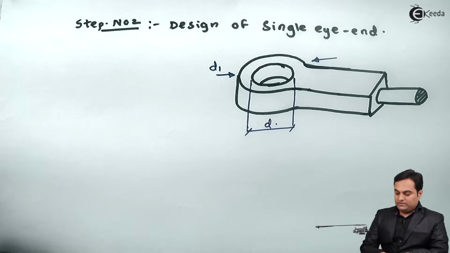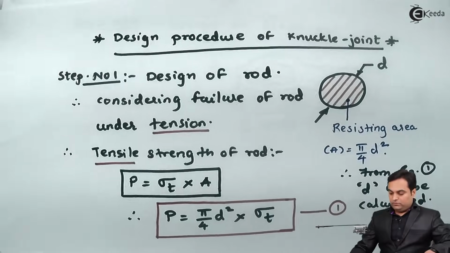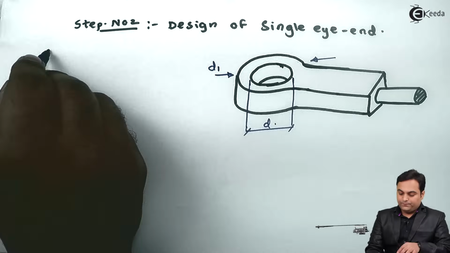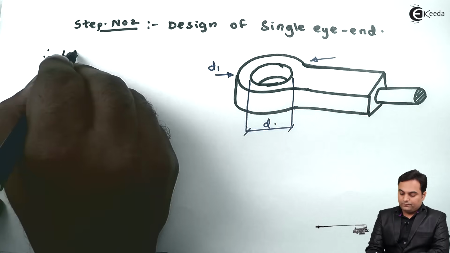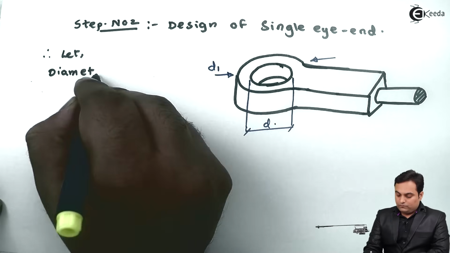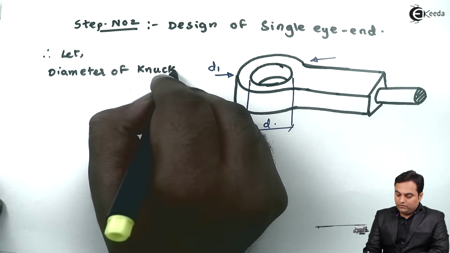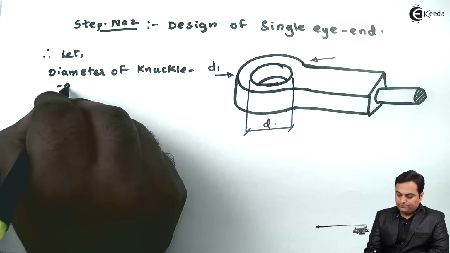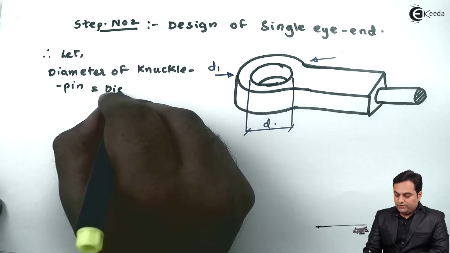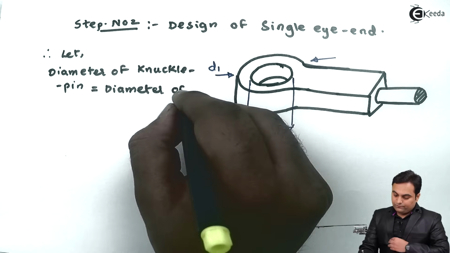Now once I have designed in step number 1 the diameter of rod, after that I'll say that therefore let the diameter of knuckle pin be equal to the diameter of rod.